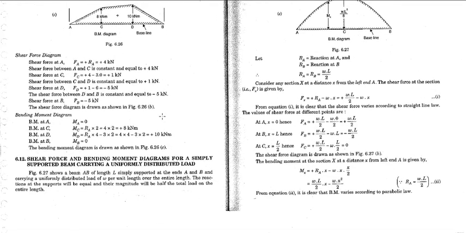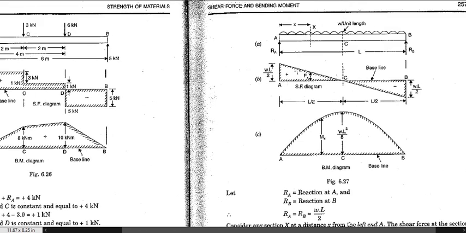Okay, now we will just move forward to the next case, when we are going to apply the UDL. As you can see here, this is the case of the UDL. When UDL is applied over this simply supported beam, again we will do the same thing that we have done in the cantilever case, that the sign conventions are again the same, plus and minus, as I have explained in the previous video.